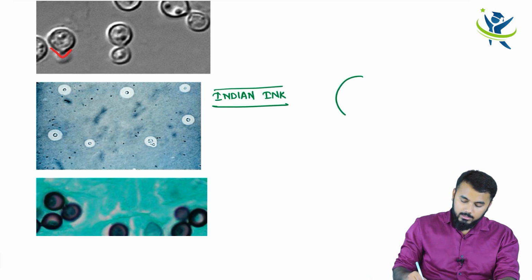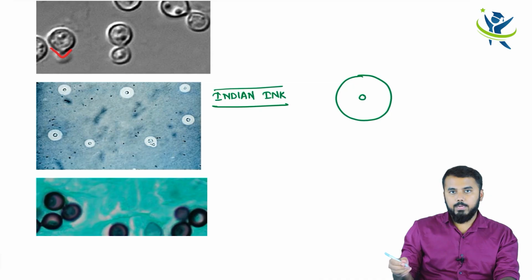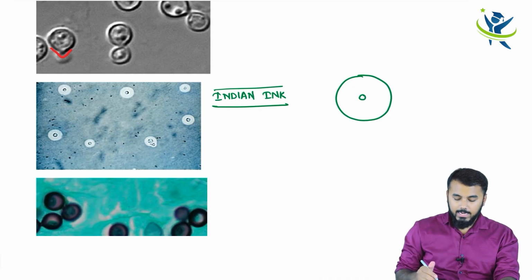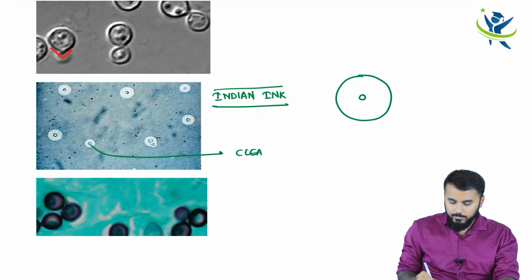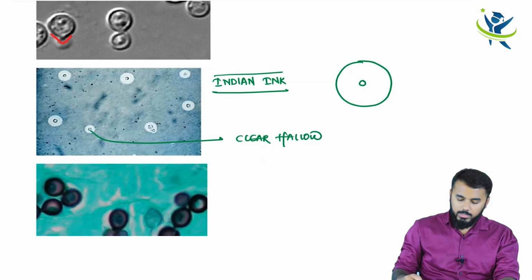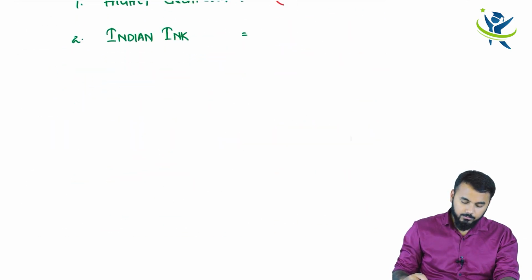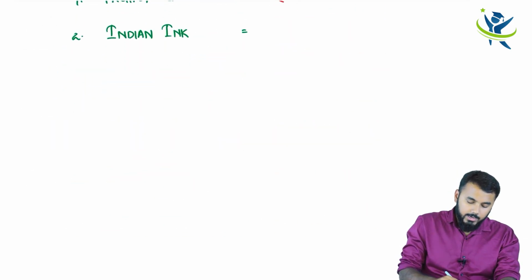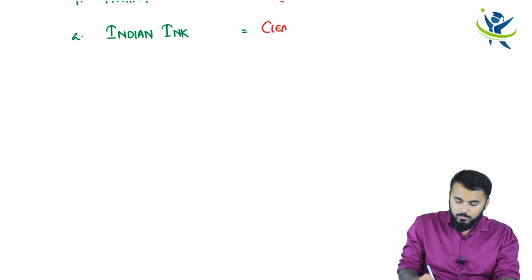I can see a small circle in the center which is completely empty. So I can see a clear halo. On Indian ink, I would find a clear halo.